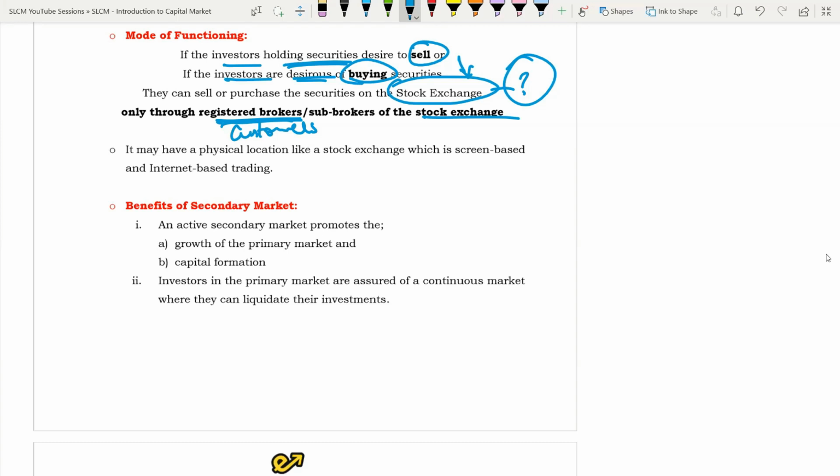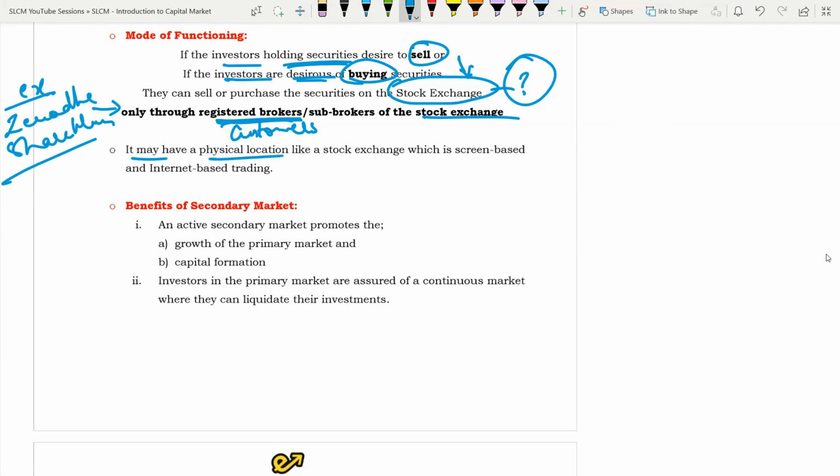So who are registered brokers? Let's take certain examples. All of you will be knowing now Zerodha, Sheikh Khan, right? All of these are examples of registered brokers or stock brokers.